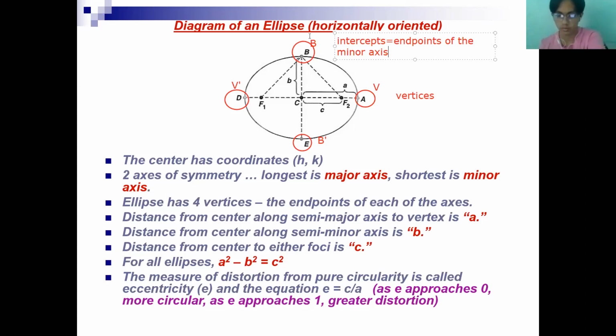Whereas the notations for the foci may not be f sub 1 and f sub 2. Allow me to give you another notation there that would be f and f prime.